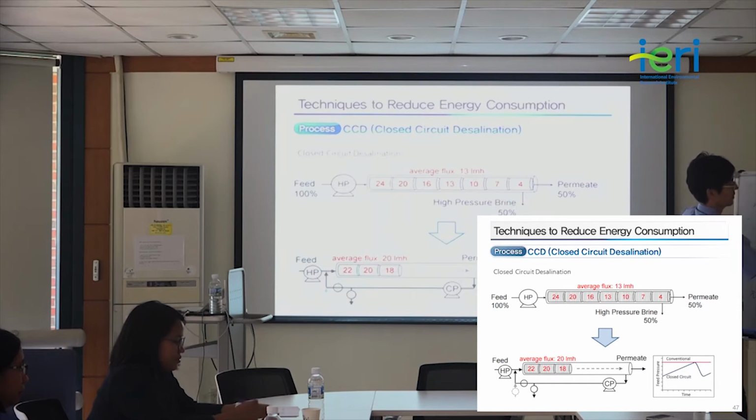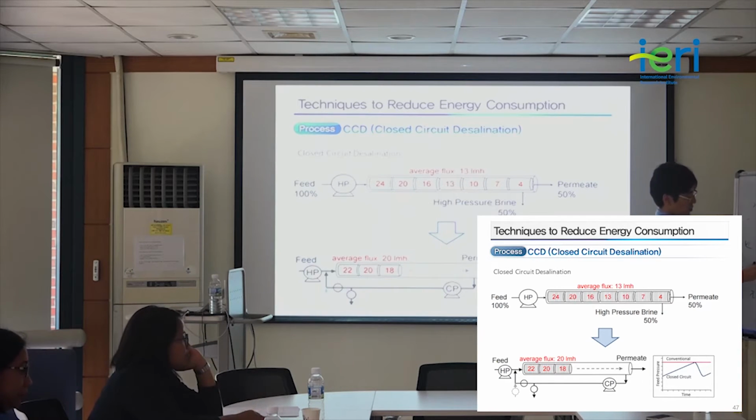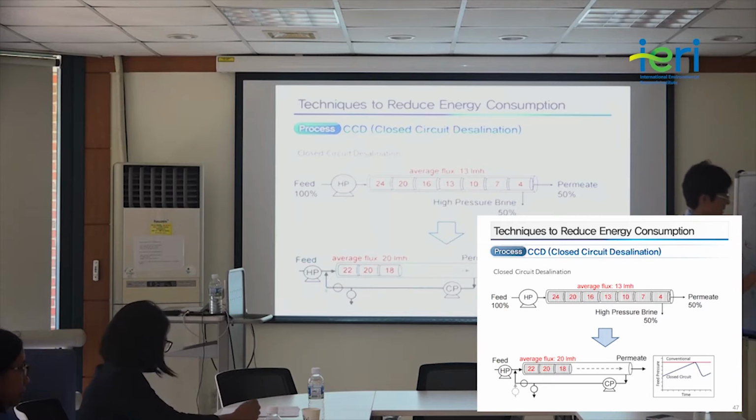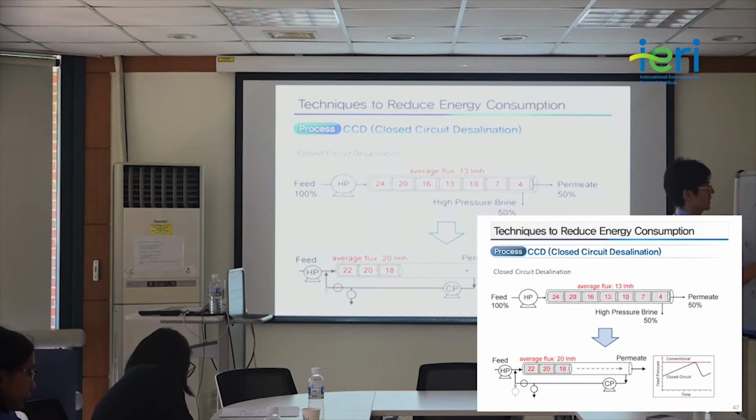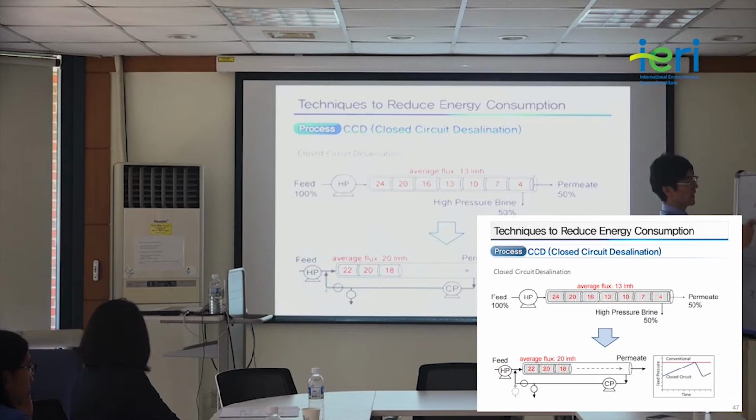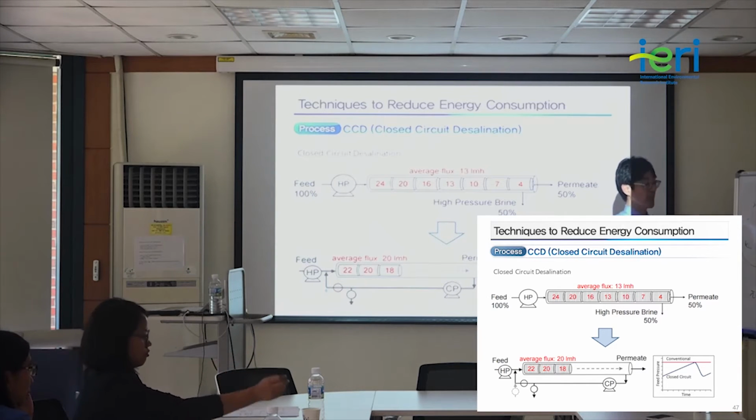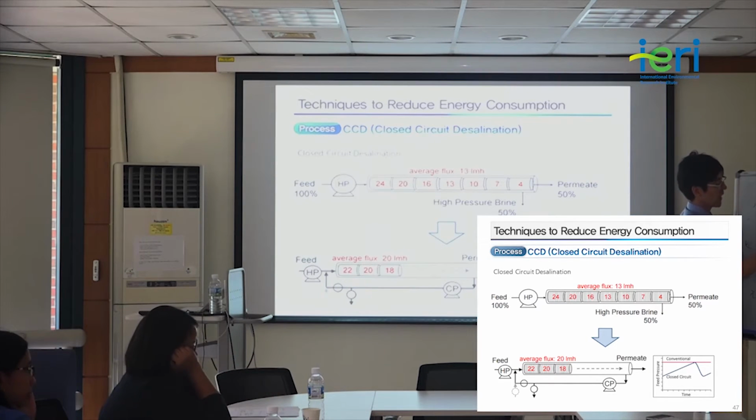So as I already mentioned in the previous lecture, this is the theoretical energy consumption, and this part is the irreversible energy loss. And since we apply the same pressure from the inlet, we have this part as a loss.